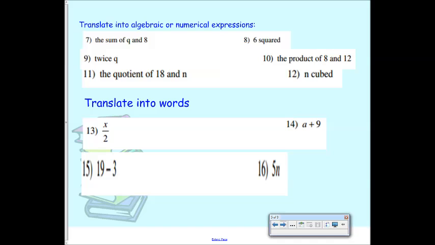Multiply by 2. Not times itself, but times 2. So if it says twice, that means you're multiplying by 2. Okay, do these 10 at your boards. Make sure you number them carefully.